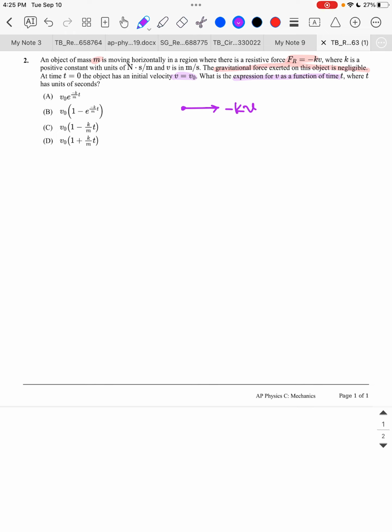So in this scenario, this is our net force, which is equal to ma. And then from there, we're going to write it as a differential equation. If on an AP exam, this is generally what they're going to ask you, to write it as a differential equation, this is where you would stop.